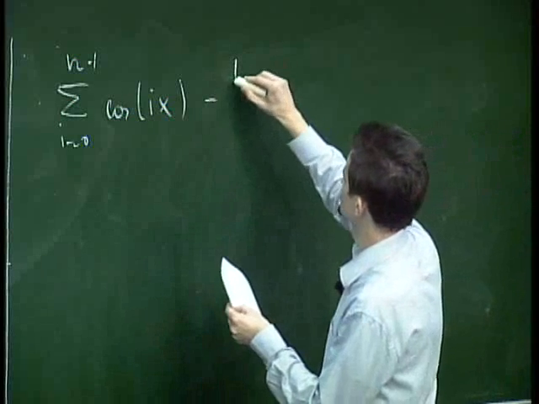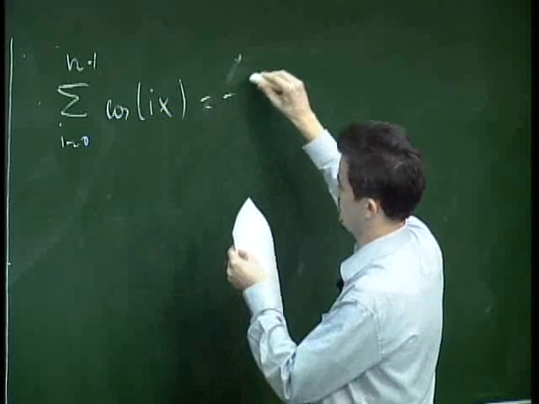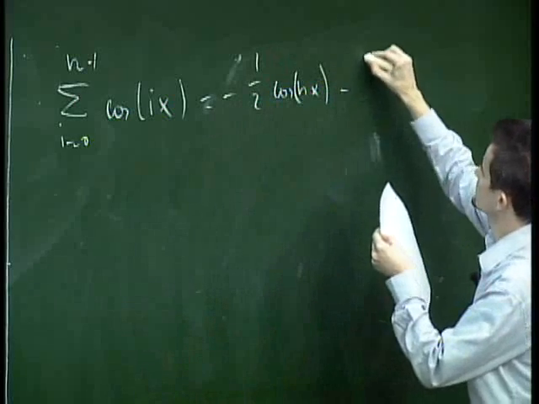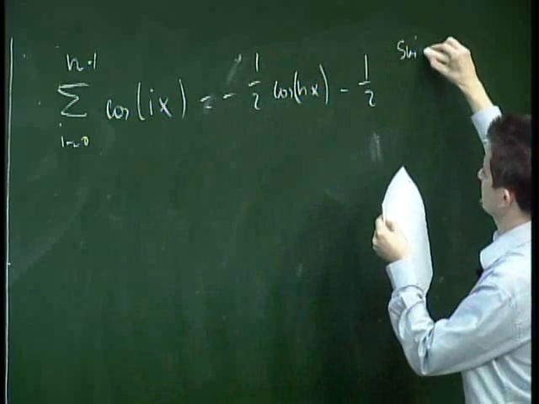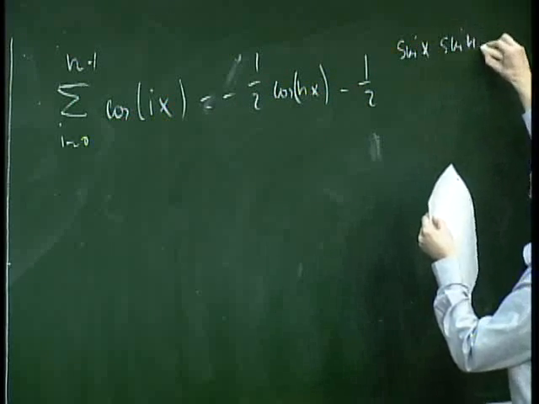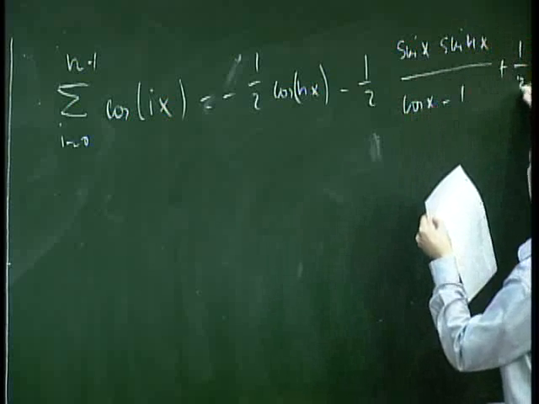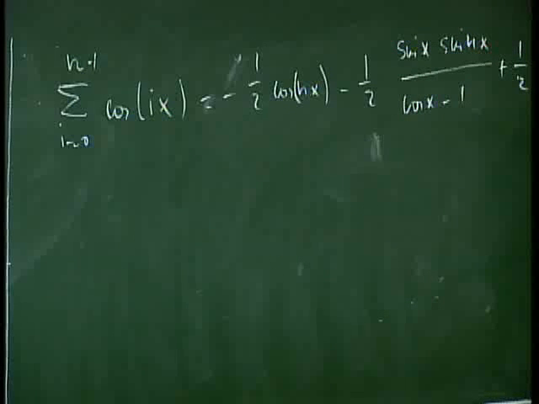Namely, this is equal to minus 1/2 cosine nx minus 1/2 sine of x sine of nx over cosine of x minus 1 plus 1/2. So this is the answer I got from Maple.